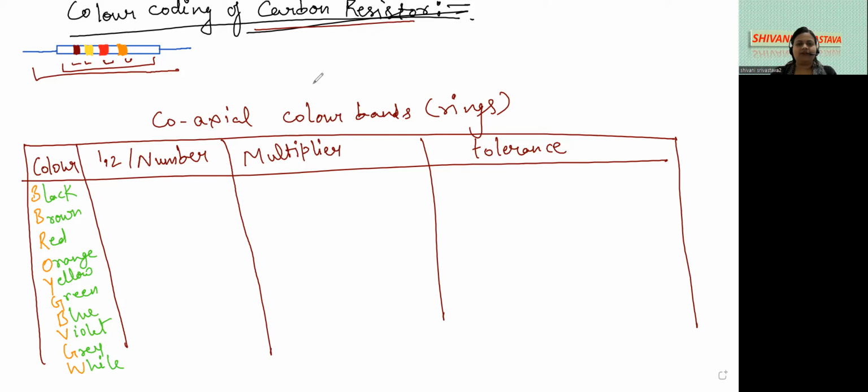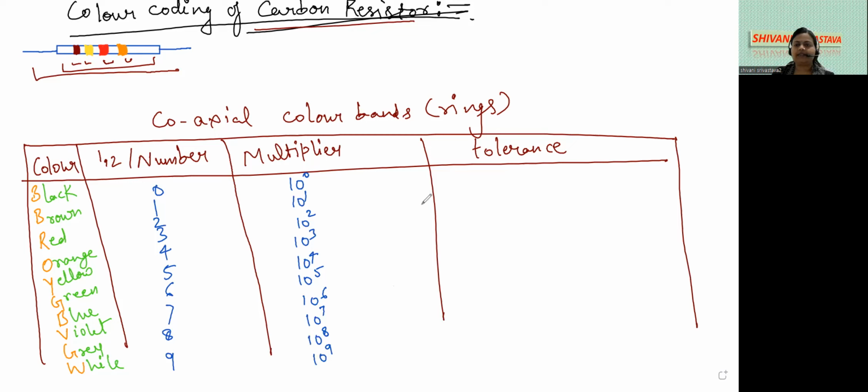Now we'll take the numbers from 0 only. 0, 1, 2, 3, 4, 5, 6, 7, 8, 9. These are the numbers. Now the multiplier will start from 10 to the power 0, 10 to the power 1, 10 to the power 2, 10 to the power 3, 10 to the power 4, 10 to the power 5, 10 to the power 6, 7, 8, 9.